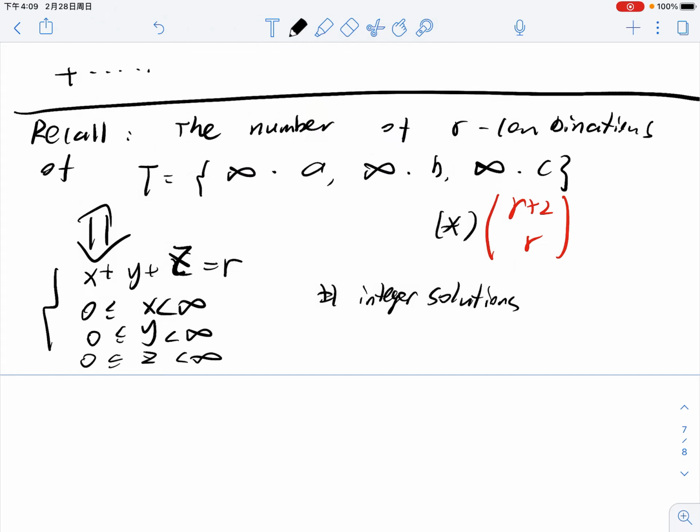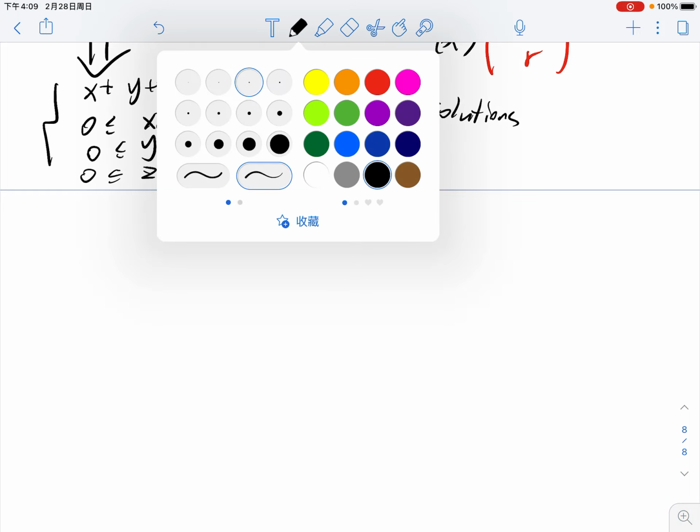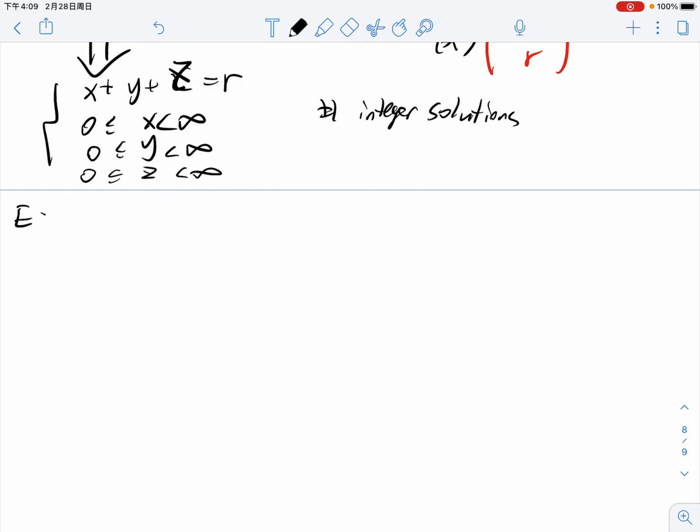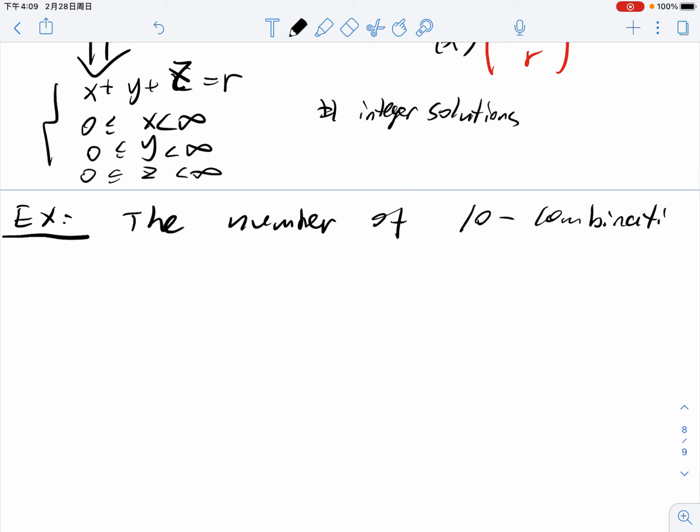Okay, and then the question is, what if the bound is less than R? So for example, what is the number of 10-combinations of the multi-set 3A, 4B, 5C?